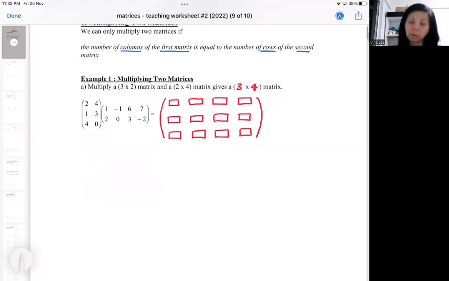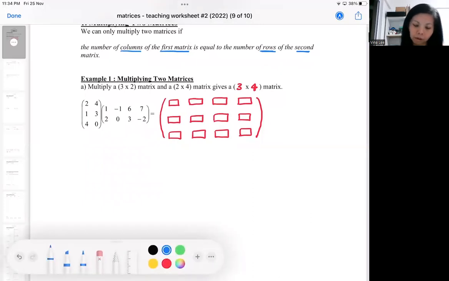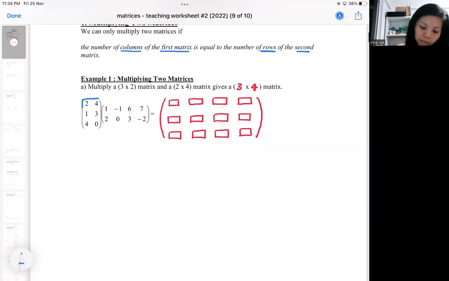The process of multiplying will go this way. From the first matrix, we will be using the rows: this is row 1, this is row 2, and this is row 3.